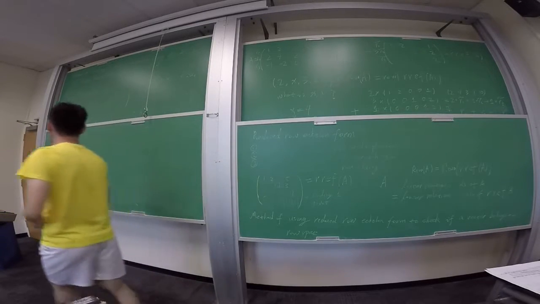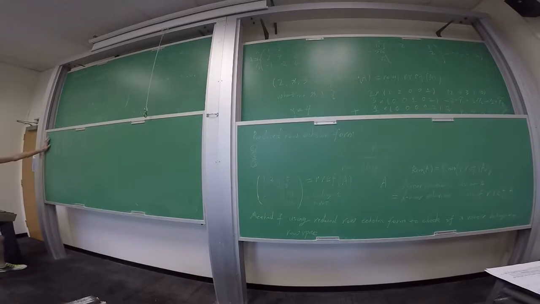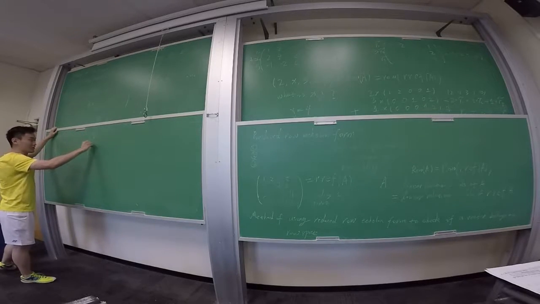I'll use the arithmetic sequence example. Previously we had a matrix with columns 1, 1, 1 and 1, 2, 3. I'm asking whether a vector is a linear combination of those two columns or not. Let's take any arithmetic sequence, for example 3, 7, 11.